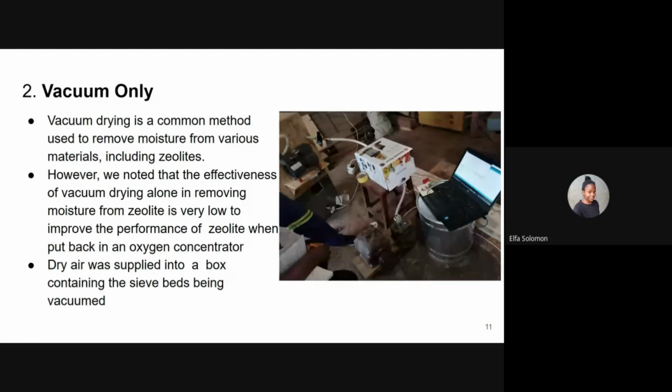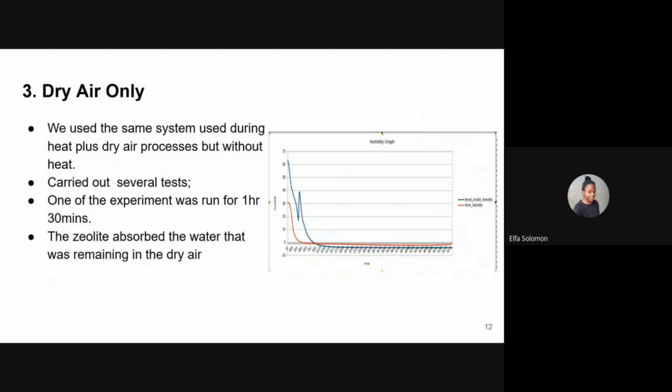However, we noted that the effectiveness of vacuum drying alone in removing moisture from zeolite is very low to improve the performance of the zeolite when put back in the oxygen concentrator. This led to the conclusion that the zeolite was not really regenerated. Another approach was the use of dry air only.